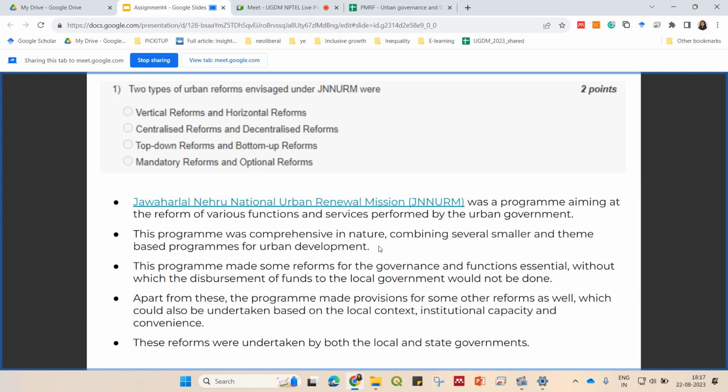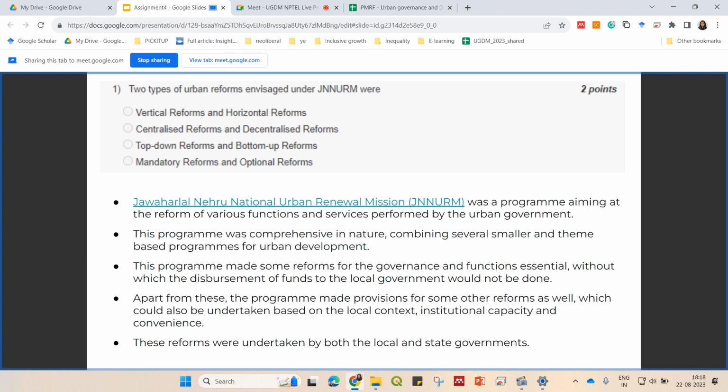So centralized and decentralized reforms, what does this mean? Centralized reforms come from a centralized system which proliferates from the top to the bottom or through a centralized channel, and then organizations or stakeholders at different levels follow that reform, or it is managed by a central body, and the rules and norms of that kind of reform are dictated by a central body and then followed by others.